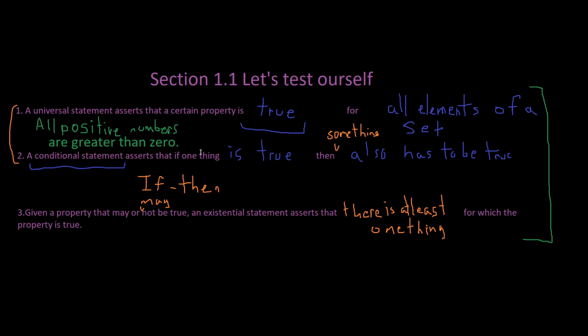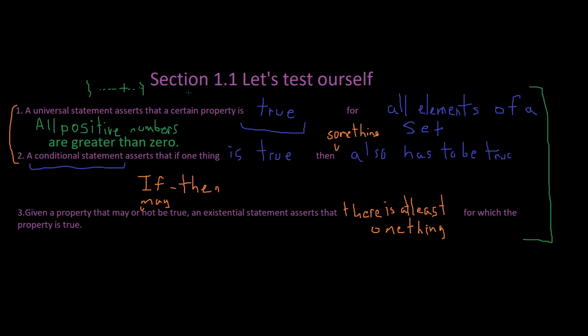And so a universal statement asserts that a certain property is true. And so, like I said, it's going to say something that is true or not true, because that's what a statement says, right? Either a statement is true or is false. So a universal statement asserts that there's a property that is true for all elements of a set. So for all said elements, and so the elements for this given set are positive numbers. And so we're going to have some kind of set with positive numbers greater than 0.